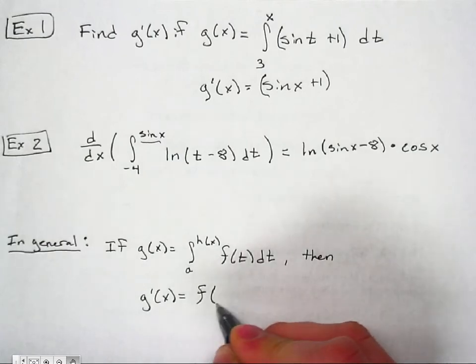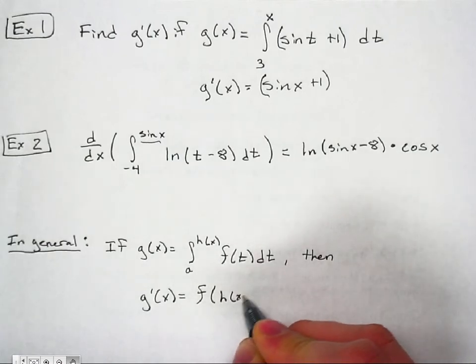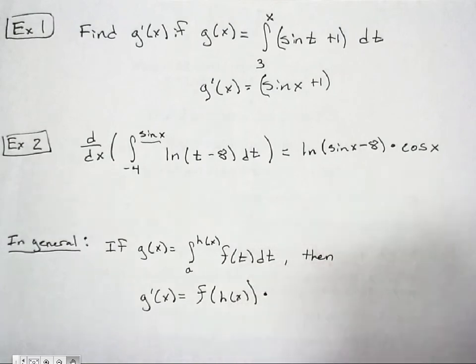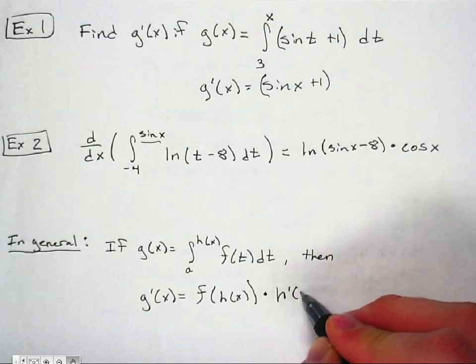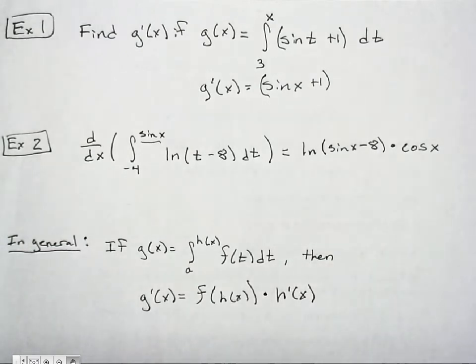That's f of h of x. But then you have to multiply by the derivative of h of x. So h prime of x would be your final answer for that.